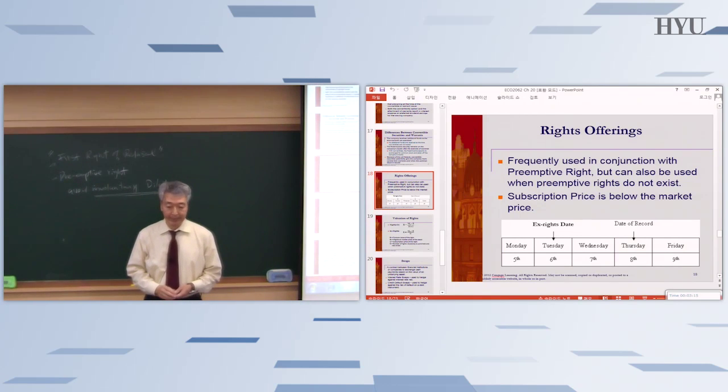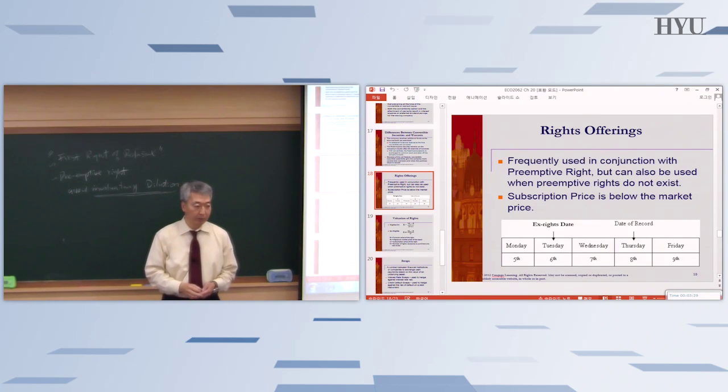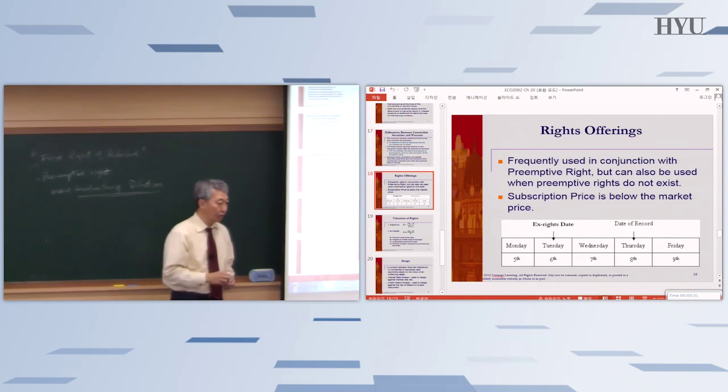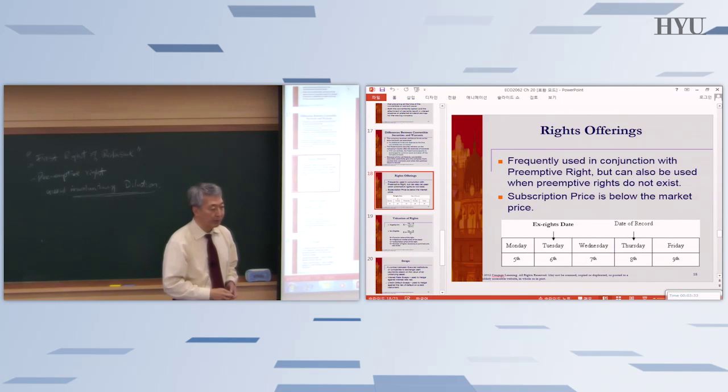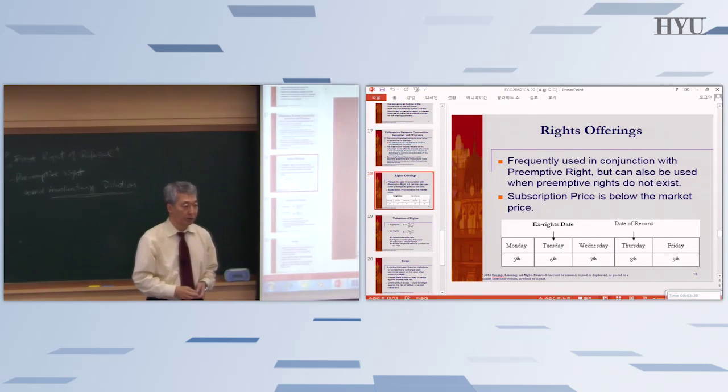And there will be a strike price, which in this case is usually lower than the market price. So if the current market price is, say, $30 a share, existing shareholders can purchase the new shares at $28 a share.